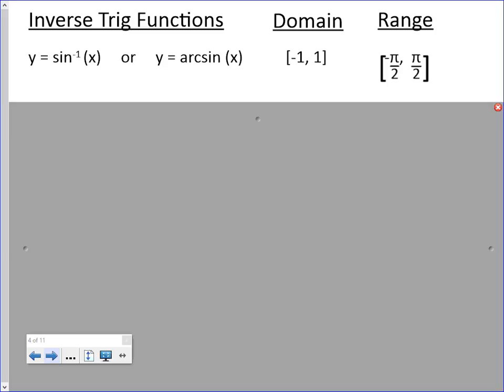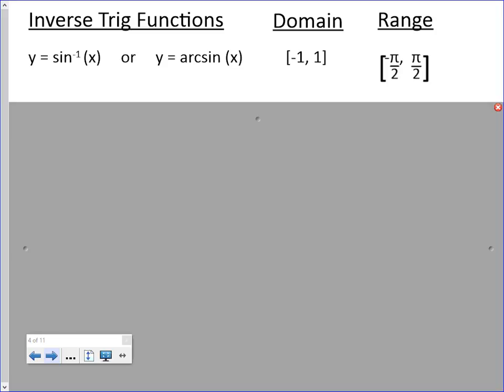When I read that with the -1, I just say inverse sine. The other notation, which you may be familiar with from Algebra 2, is the arcsine. And so arcsine means the same thing. You can say inverse sine or arcsine. We mean put in a ratio, get out an angle.